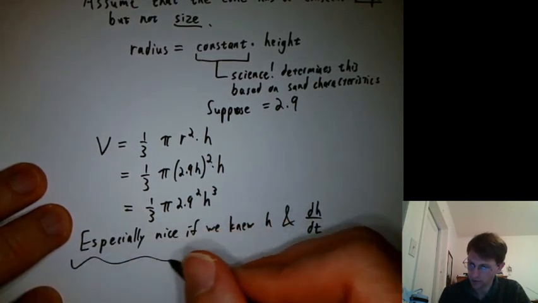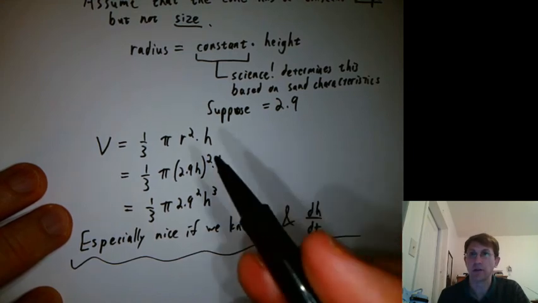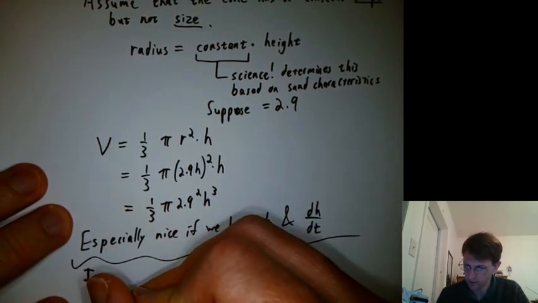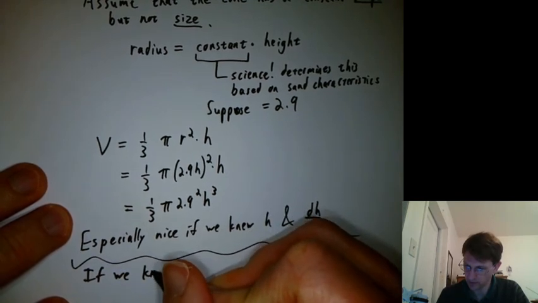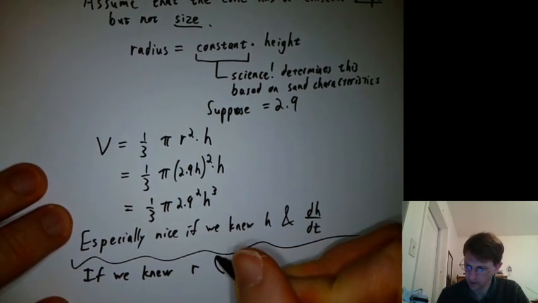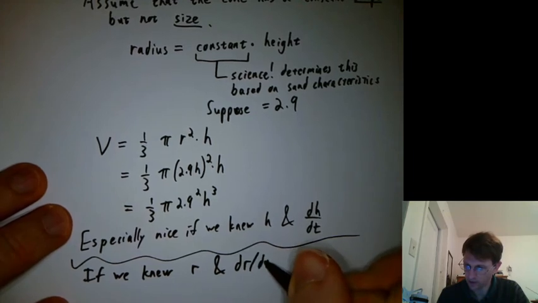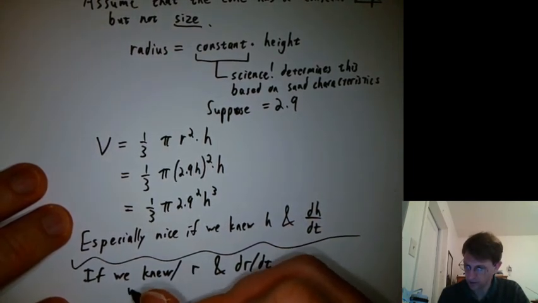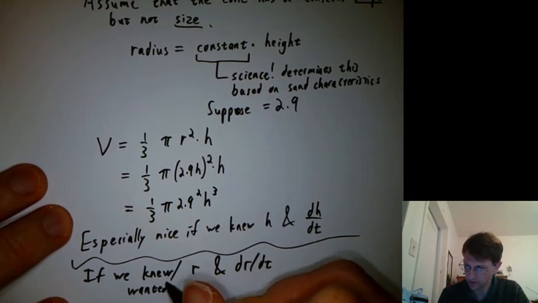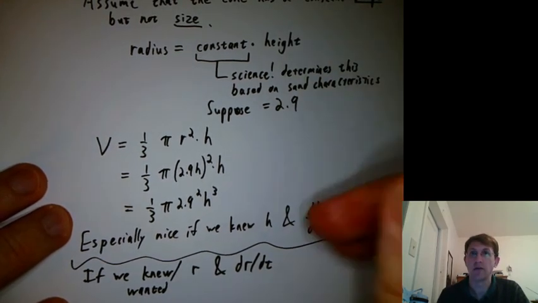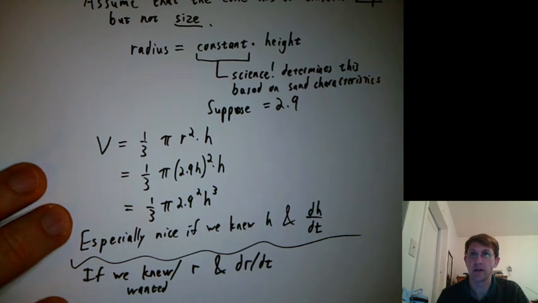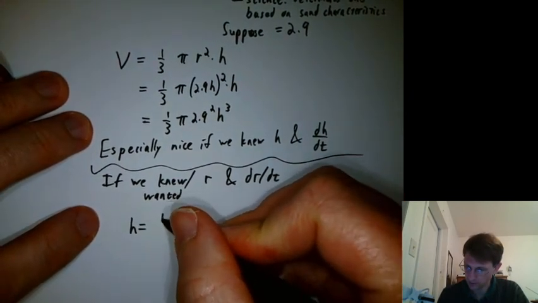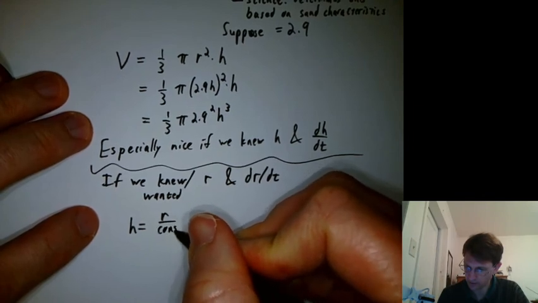But what if we actually only knew something about the current radius and the current rate of change of the radius? So if we knew the current r and dr/dt, or we're interested in dr/dt, then we would rewrite radius equals constant times height to be height equals radius over constant.